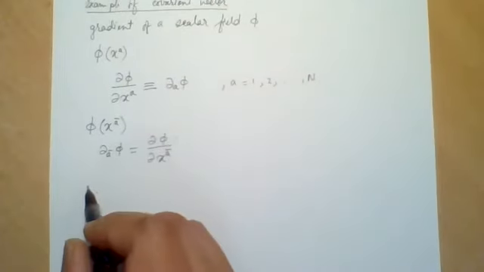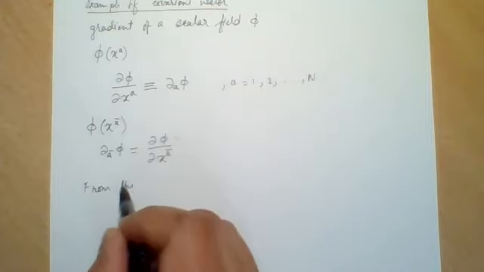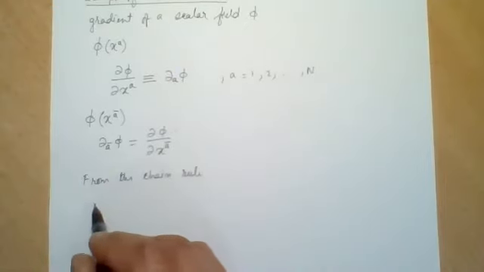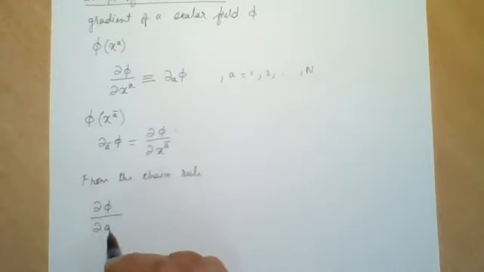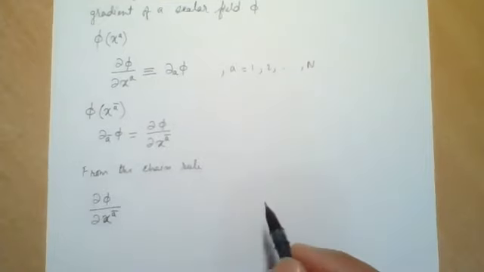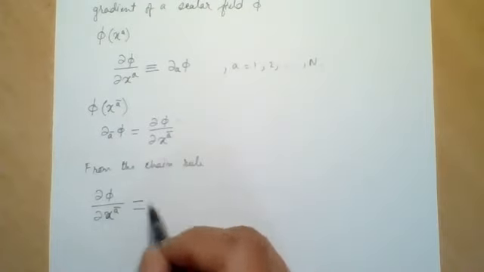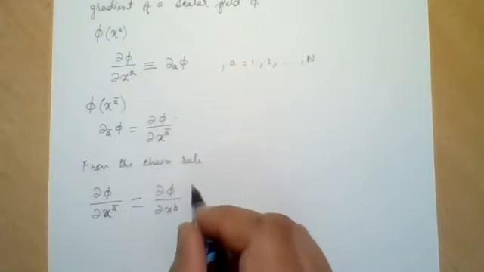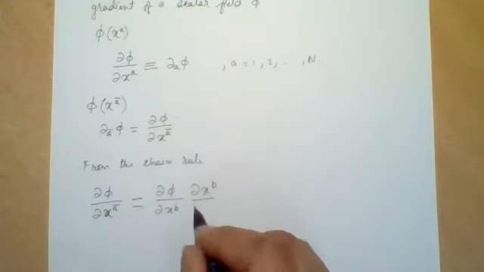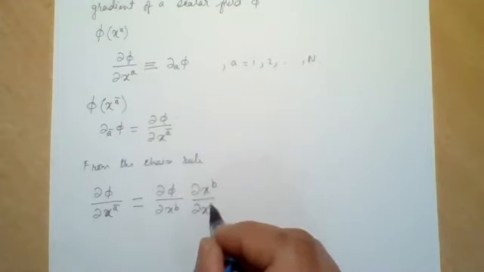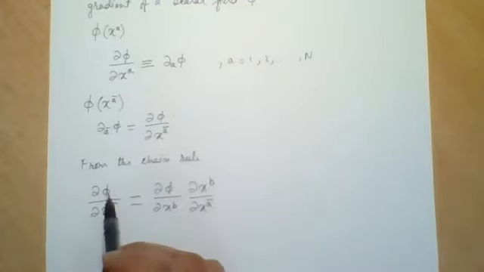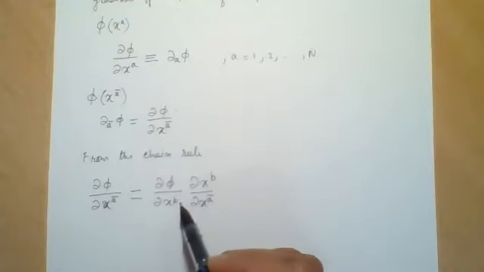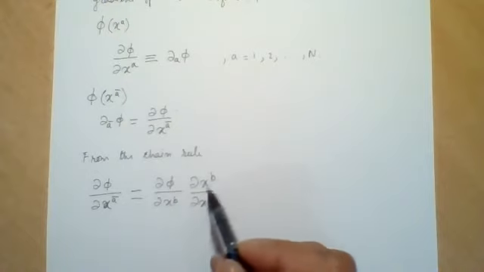From the chain rule, what do we get? Del phi by del x a bar is equal to del phi by del xb times del xb by del x a bar. Here also we have used the Einstein summation convention.